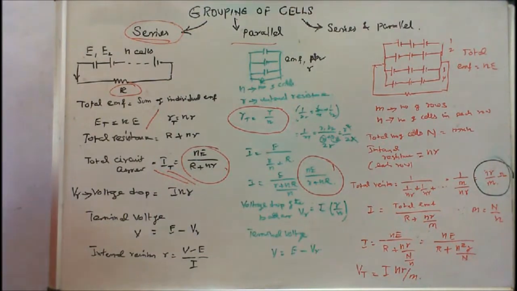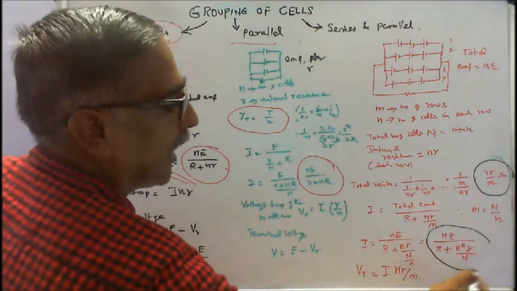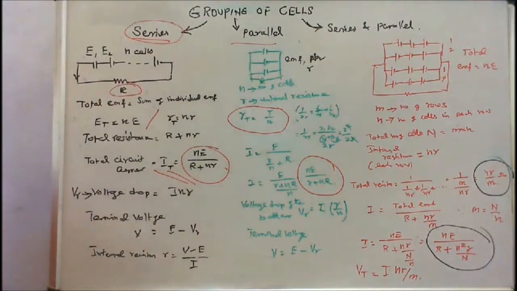I will get n into E divided by capital R plus n square into r by capital N, where n is the number of cells in each row, capital N is the total number of cells in the circuit, small r is the internal resistance, capital R is the load resistance.